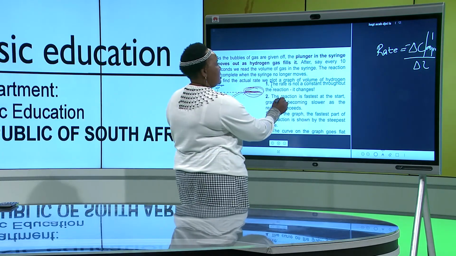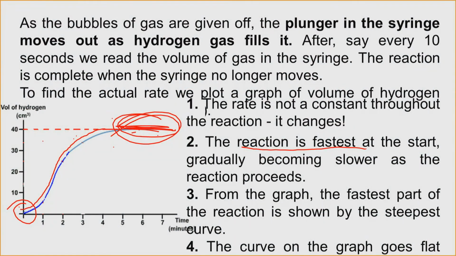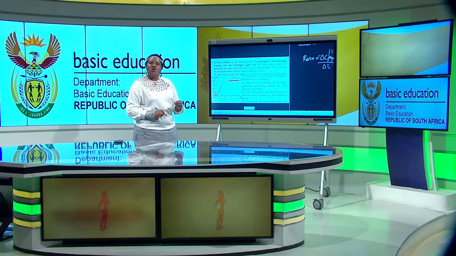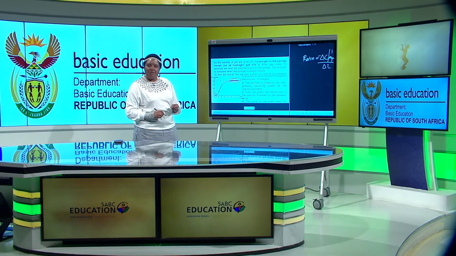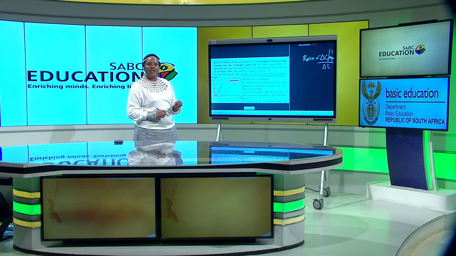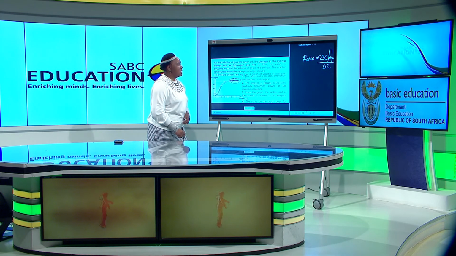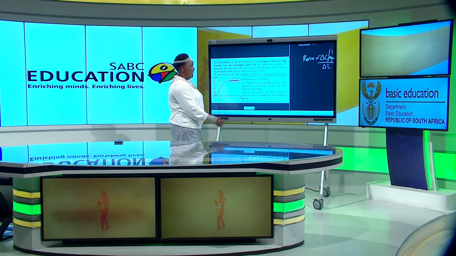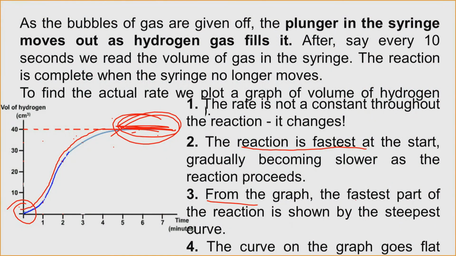So as the reaction starts, it is faster. Why is it starting faster? Because you have enough reactants. And the more reactants that you have, the more effective collisions, and the reaction will take place. As a result, your rate of reaction will increase. From the graph, the fastest part shows that the gradient of the graph is steepest.